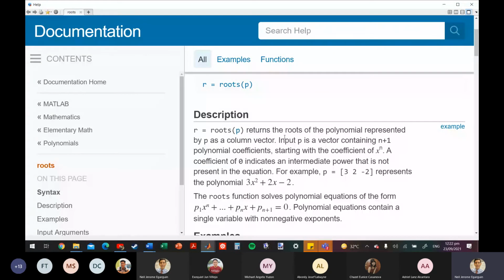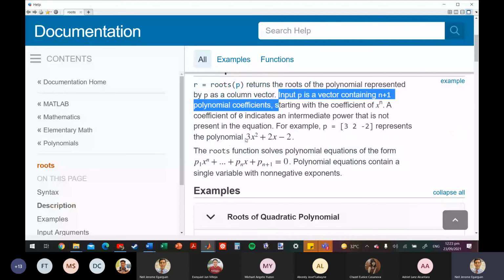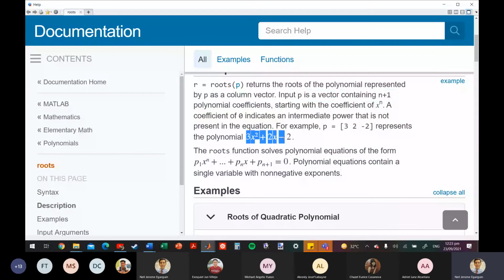So instead of halimbawa hanapin niyo yung roots ni 3x squared plus 2x minus 2, dapat daw ang input dun sa roots function ay 3, 2, negative 2, which are the coefficients of decreasing powers of your polynomial. Okay? So yun yung caveat dito sa paggamit ng roots.